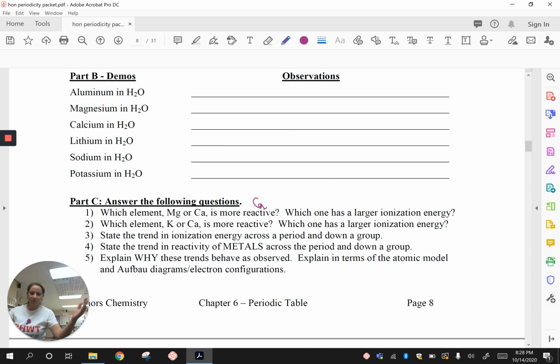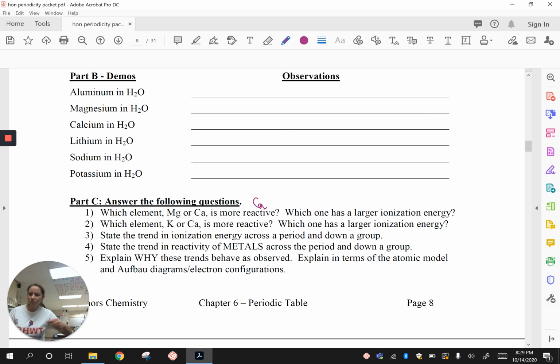Pretty easily loses the electron. So the ionization energy would be less. So the more reactive it is, that means the easier it is to lose that electron. And so because it's easier, it requires less energy to remove that electron. So the ionization energy would be less. If it is hard to get it to react, that means it's pretty difficult to remove that electron.